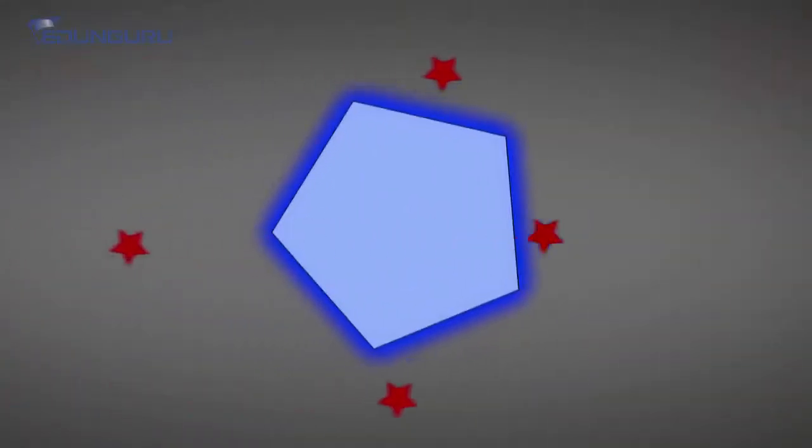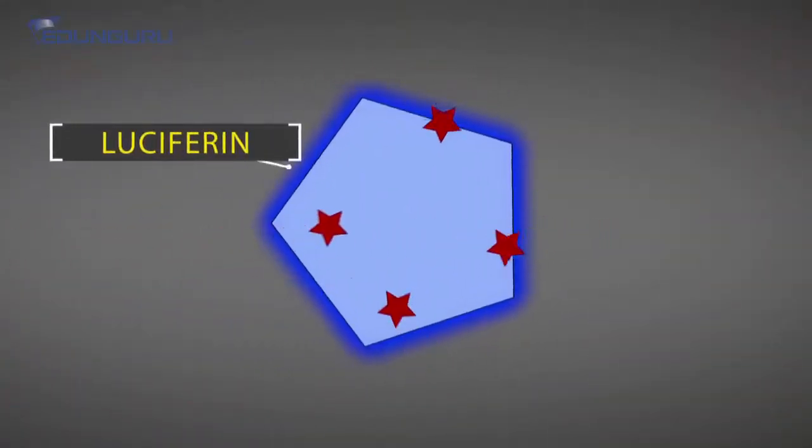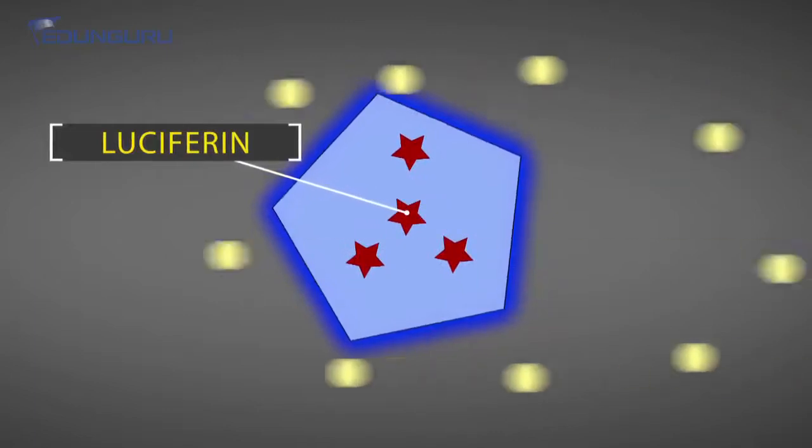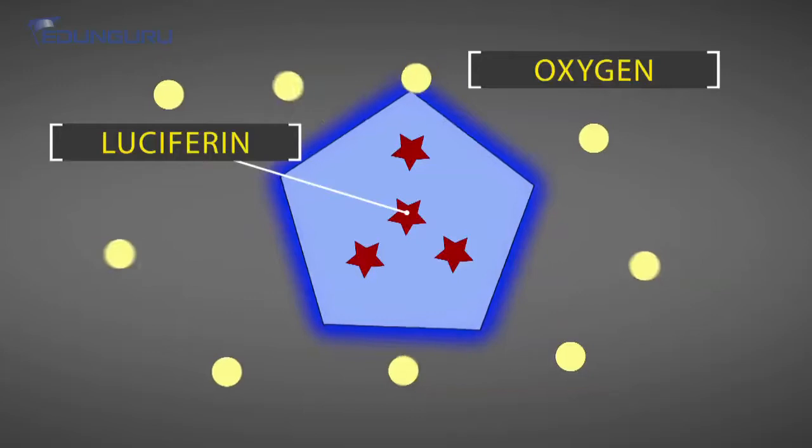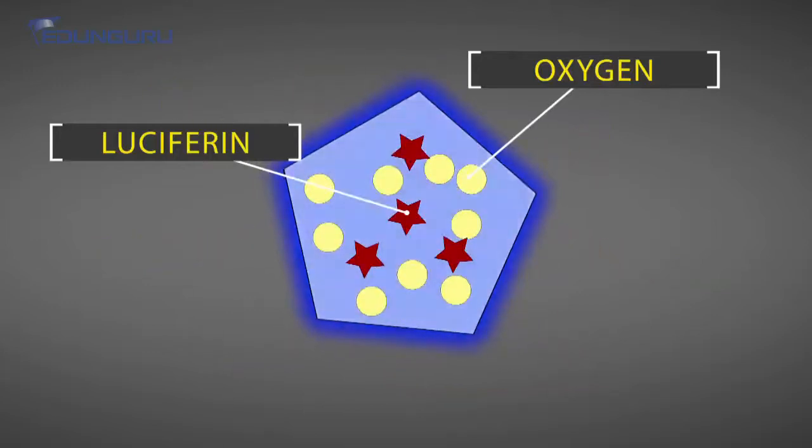So what is the reason behind bioluminescence? The reason behind bioluminescence is the presence of one chemical we call luciferin. When luciferin comes in contact with oxygen, it oxidizes, it burns, and as a result of burning it emits light. So that is the reason behind bioluminescence.